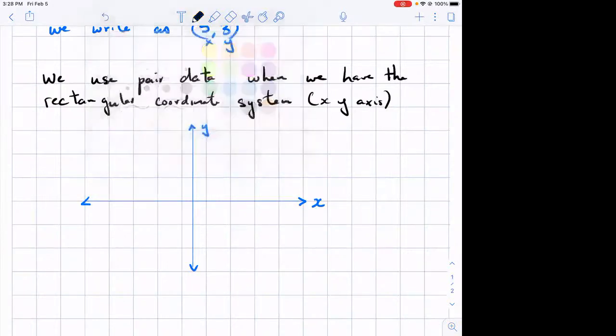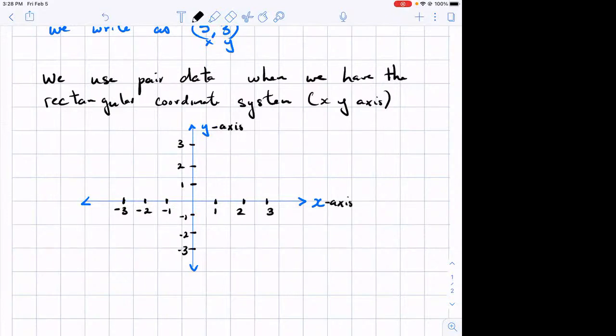And then we usually put some numbers to indicate 1, 2, 3, and so on. And then on this side here we have -1, -2, -3, and so forth. And then on this side we have positive. So this here is what we call the y-axis, and this is the x-axis.